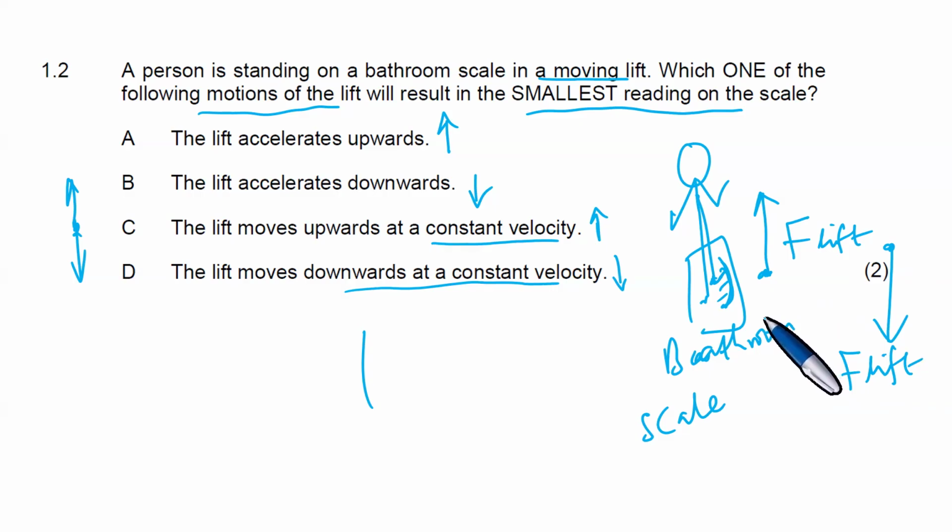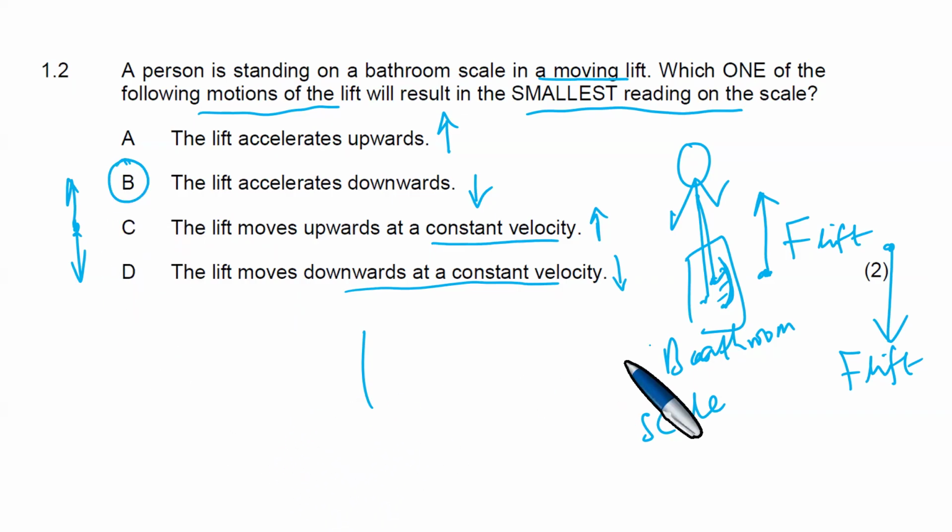And as a consequence, it somehow minimizes the compression between the bathroom scale and the feet of this person. So that compression is reduced by the downward motion. And when that happens, it is only the downward that will do the job.